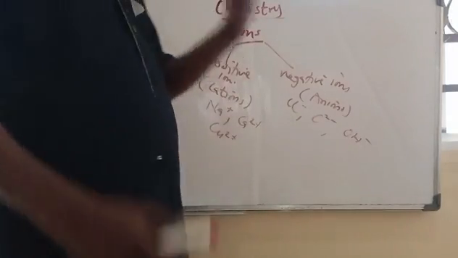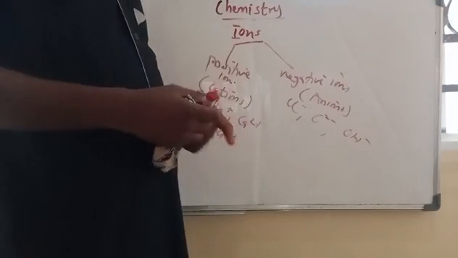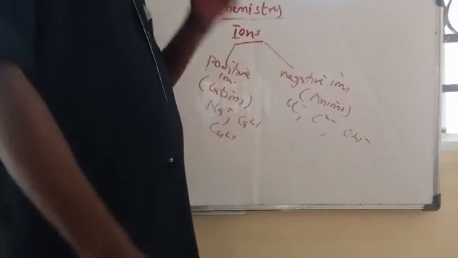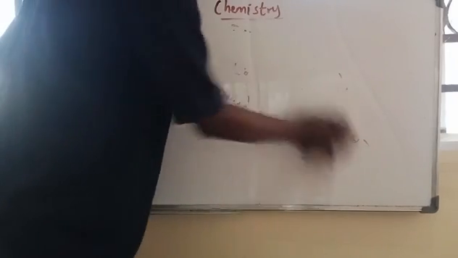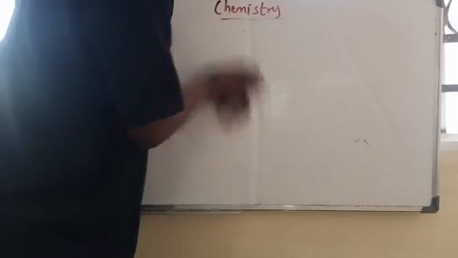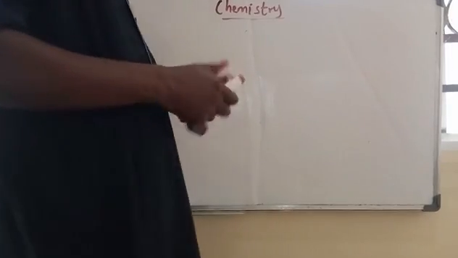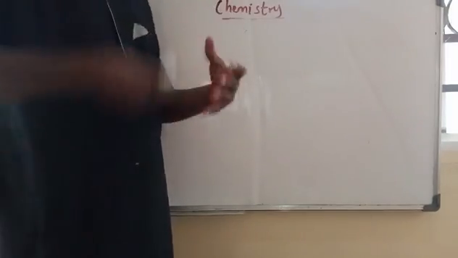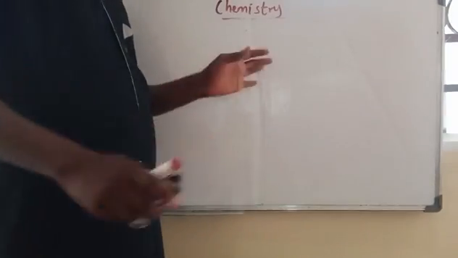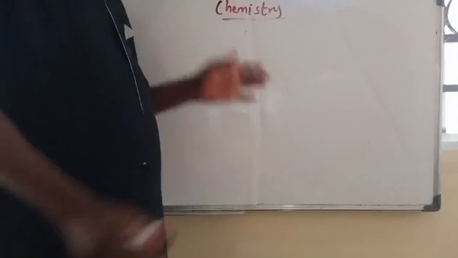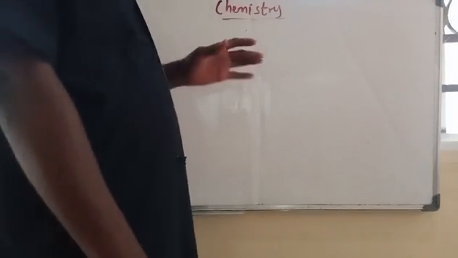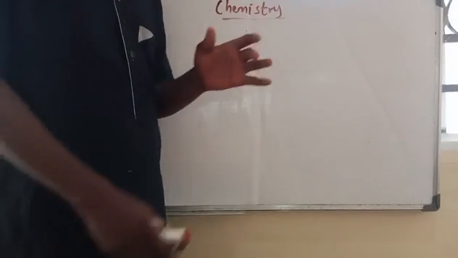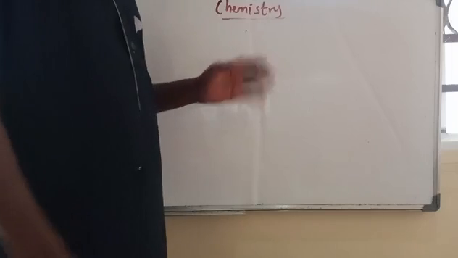So how are ions formed, especially elemental ions, atomic ions? Ions are formed by loss or gain of electrons by a neutral atom. Normally an atom is supposed to be electrically neutral, in the sense that it should possess neither a positive nor a negative charge.